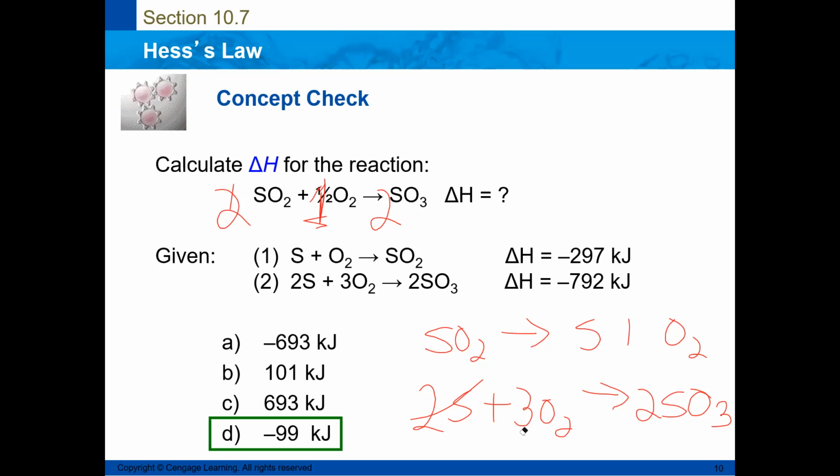Okay. So maybe we need to divide. That didn't occur to me, but guess what? Maybe we just need to divide the bottom one by half.